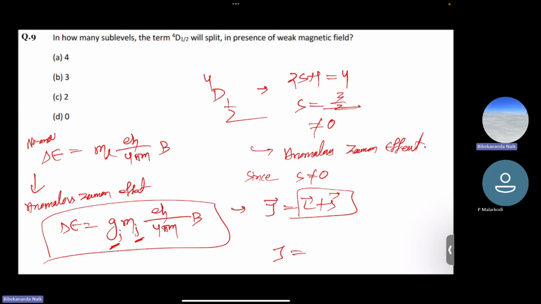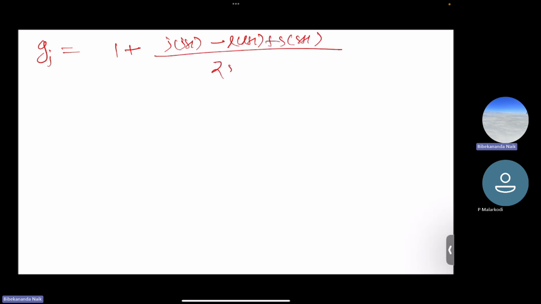So for j, here j is half, so mj will have plus half and minus half, two values. But again we need to find the value of gj, where the formula for gj is 1 plus j into j plus 1 minus l into l plus 1 plus s into s plus 1, divided by 2 j into j plus 1.